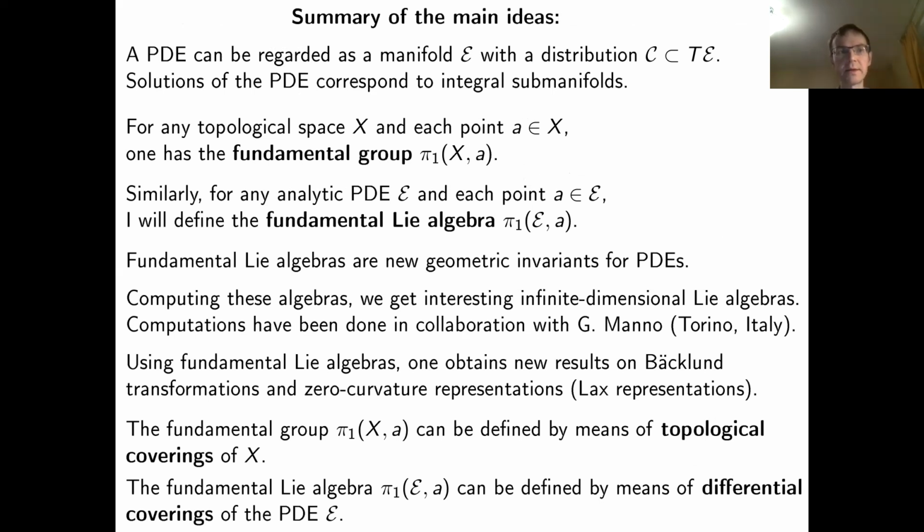So one can try to define geometric invariants for PDEs using this manifold E and the distribution C, and this is indeed possible. Well, recall that for any topological space X and each point A, we have the fundamental group pi_1 of the space X at the point A. And in a somewhat similar way, I will define an analog of the fundamental group for points of a PDE E.